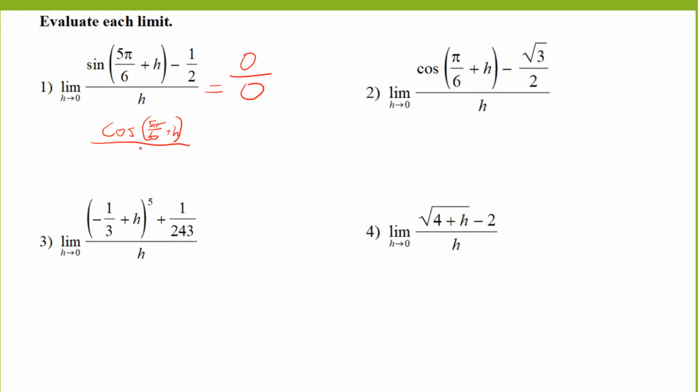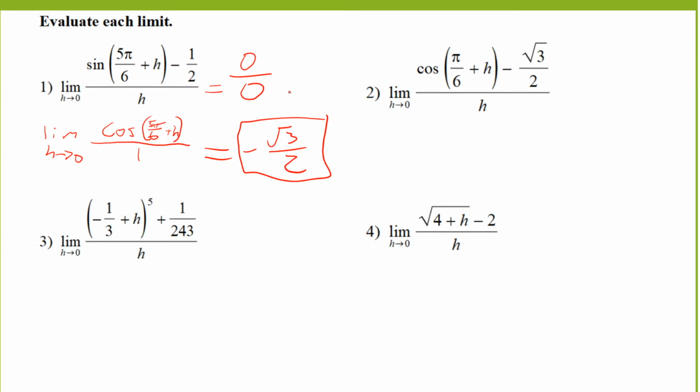Okay, and then over 1 on bottom. We're going to take the limit as h approaches 0. So what's the cosine at 5 pi over 6? Perfect. So that's what this whole limit should be equal to then.